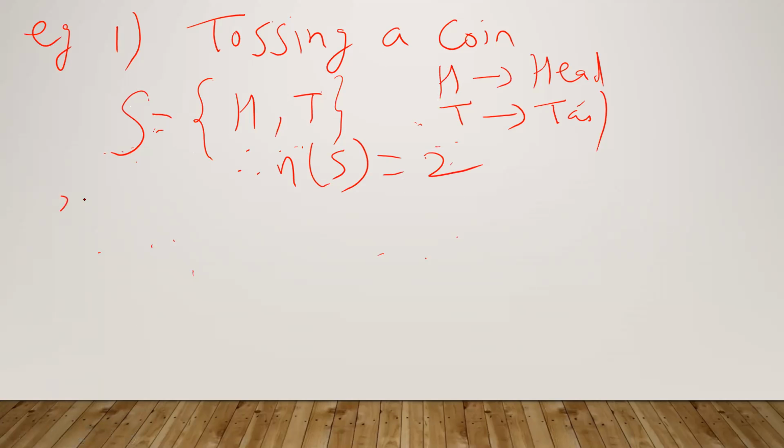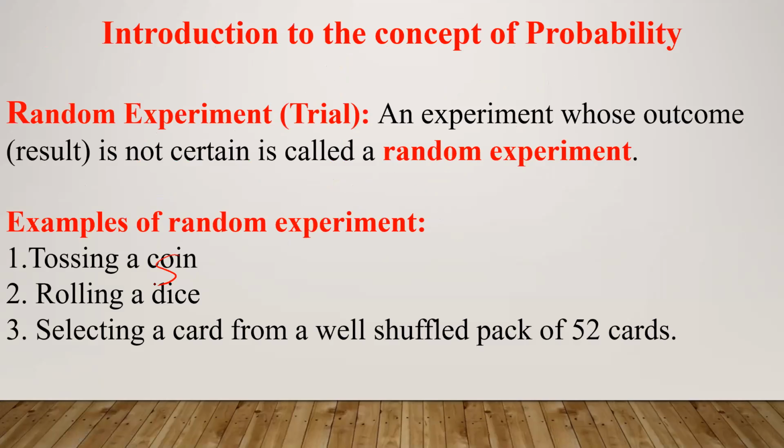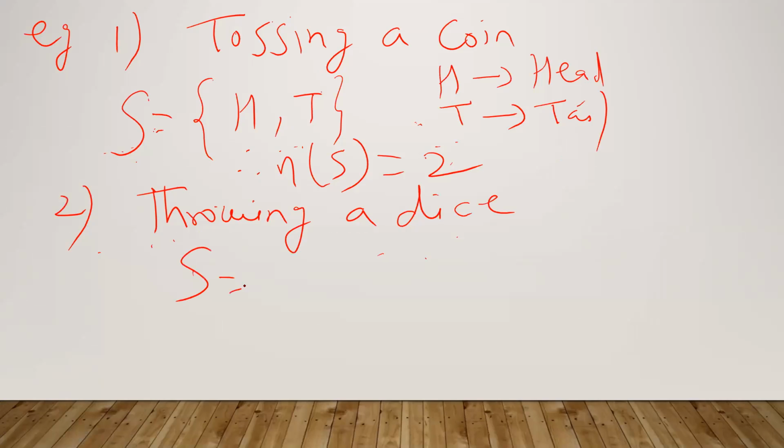Let us take another experiment: throwing a dice. Let us find out what the possible outcomes of this experiment are. You know that when you throw a dice, what are the different possibilities you may have? Either you may get 1 on the uppermost face, or you may have 2 or 3 or 4, 5 or 6.